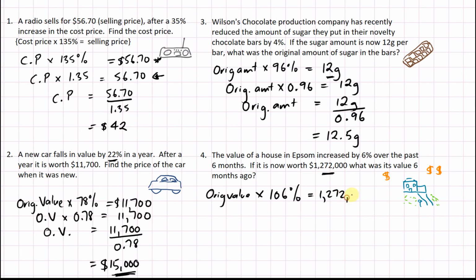So the current value. Okay, so original value times 1.06 equals a little bit more than 1 million.